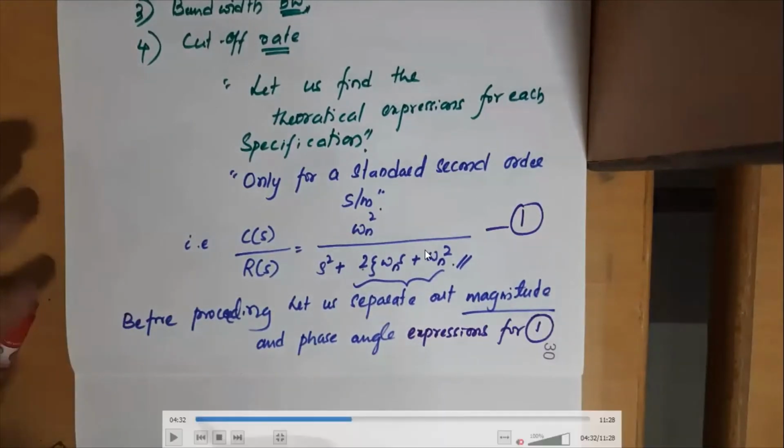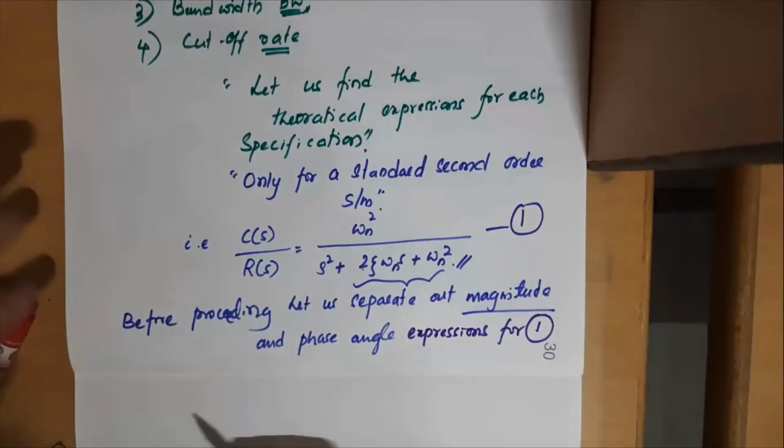So we need to separate out the magnitude and phase angle expression for expression 1. If you just look at this expression, it is confusing. How are you going to separate out the phase angle and magnitude? That is only possible if there is a J term here, but there is no J term here.